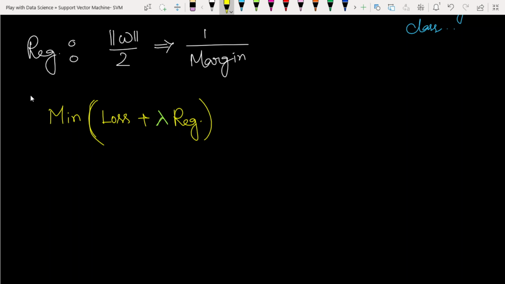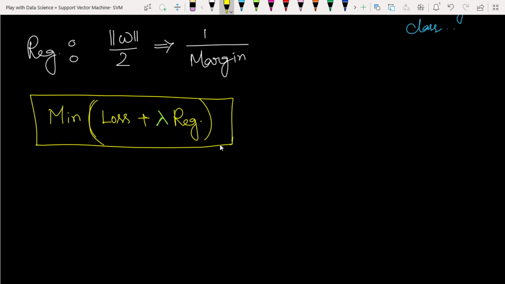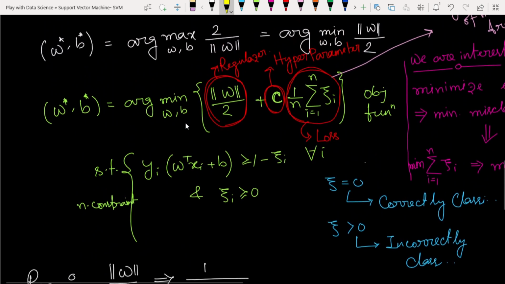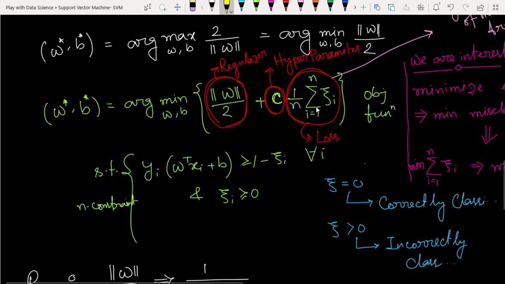We have seen this situation in logistic regression as well as in linear regression, in KNN, in naive Bayes, everywhere we see this kind of equation. We interpreted the regularizer term, loss function, and hyperparameter in different directions in logistic regression, and here in another way.